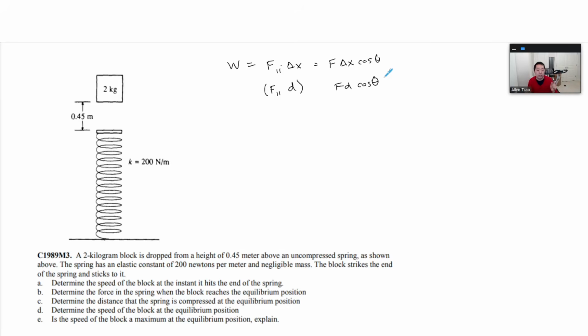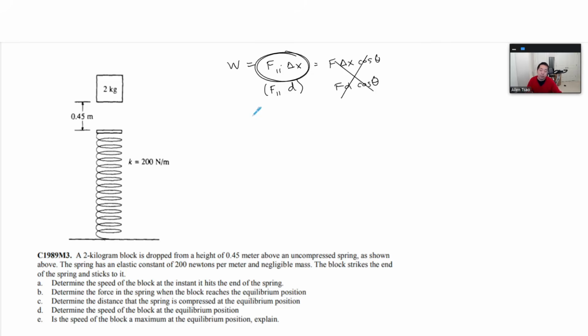Okay? That's one thing to keep in mind. I'll say it again. If the force is perpendicular to the direction of motion, there's no work happening. Okay? The force must have a component parallel to the displacement. I usually don't have students really worry about this equation too much. I really have them think about this. The force must be parallel to the displacement. So that is what work ultimately is.